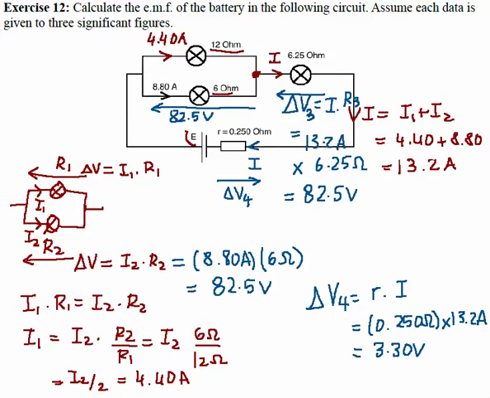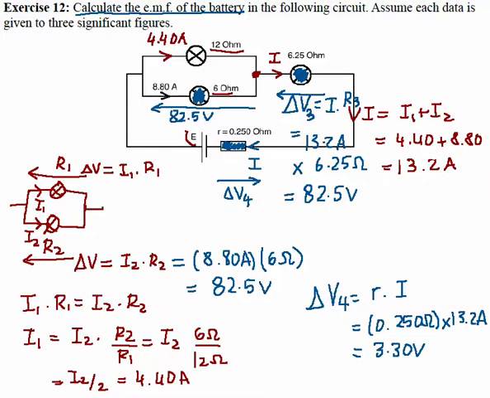So let's read the question again. Calculate the EMF of the battery. So what I have there, I know the voltage across the internal resistance, delta V4. I know the voltage across this light bulb over here, delta V3, and I know the voltage across this section of the circuit.